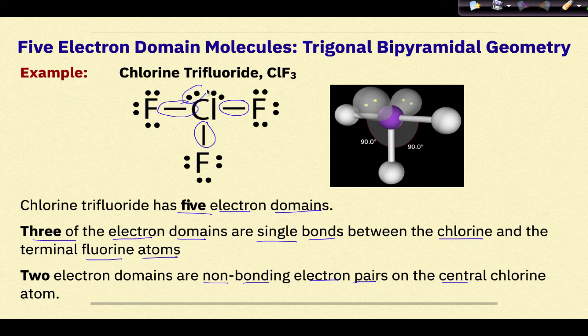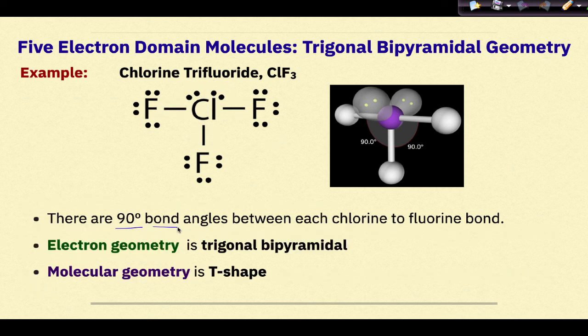So 1 non-bonding pair, the second non-bonding pair. There are 90-degree bond angles between each chlorine to fluorine bond. The electron geometry is trigonal bipyramidal, and the molecular geometry is T-shaped. And we can see that T right here in our Lewis structure and in our VSEPR structure.